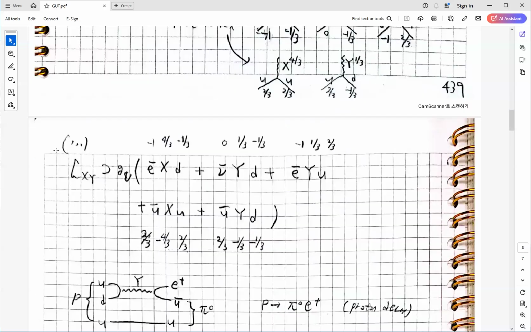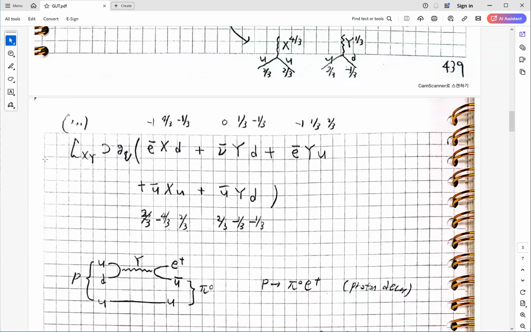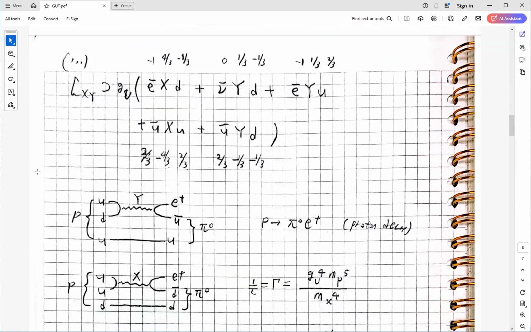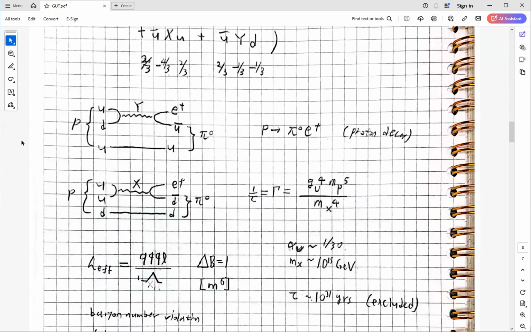By using these gauge interactions, we can obtain some specific phenomena in the SU(5) GUT. This is proton decay. The proton consists of two up quarks and one down quark, so u, d, u.